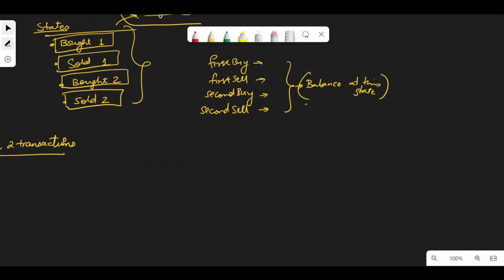What will be my overall balance after first buy? Well, if my initial balance is zero, if I buy, then my balance is minus prices of i, whatever price is on there.